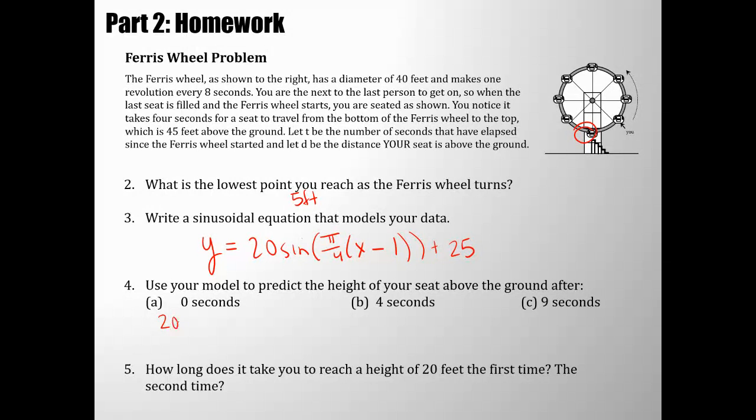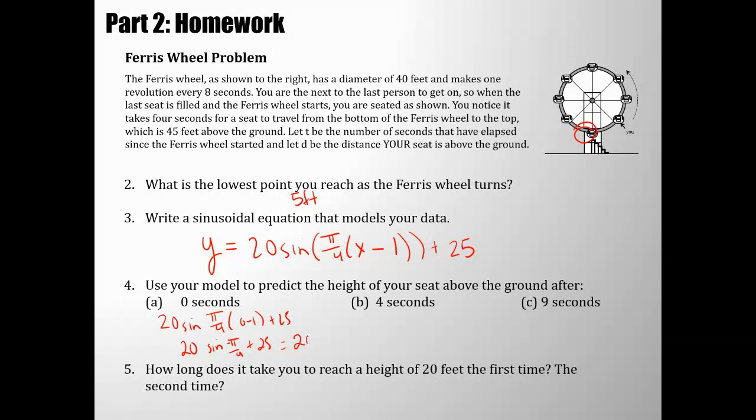So at 0 seconds, pi over 4, 0 minus 1 plus 25. 20 sine of negative pi over 4 plus 25. The sine of negative pi over 4 is going to be negative 1 over root 2.